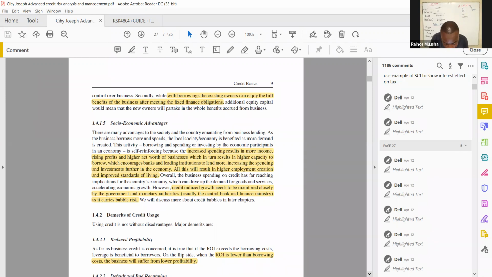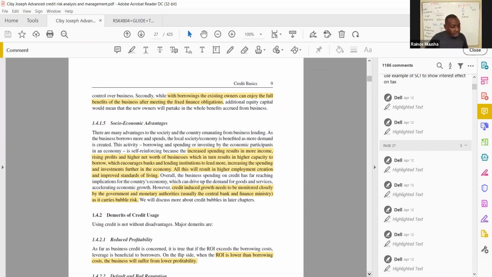Then they also say, however, credit-induced growth needs to be monitored closely by the government and monetary authorities as it carries bubble risk. You want to avoid a situation where, because of the use of credit, you are borrowing more and more money and you are having a bubble which is not being met by an increase in demand.